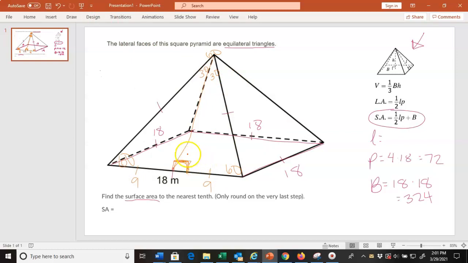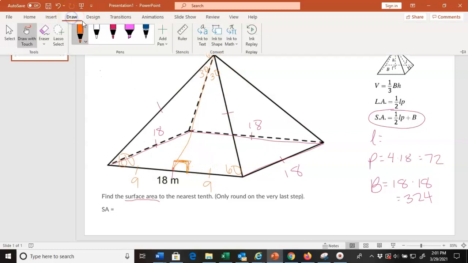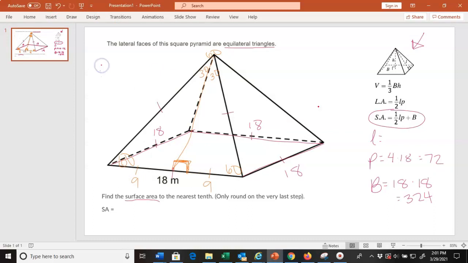Remember, in a 30, 60, 90, we have some very special side length relationships. The side across from the 30-degree mark is our x, always. So x is 9. The side across from the 90, the hypotenuse, is always 2 times x. In this case, that'd be 2 times 9, which is 18, which makes sense, right?